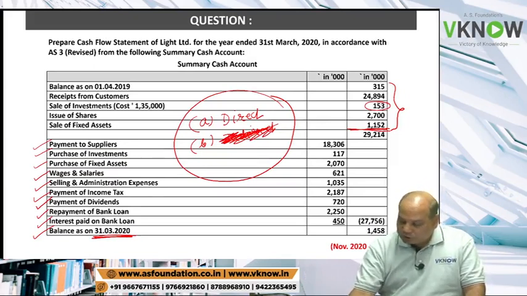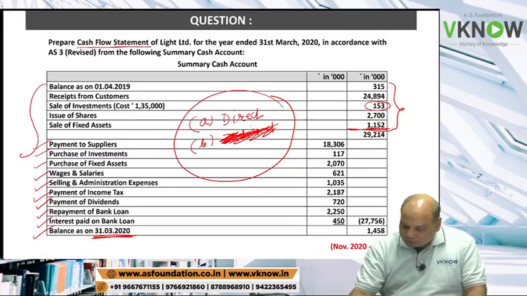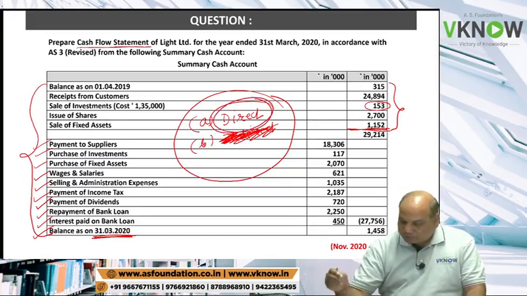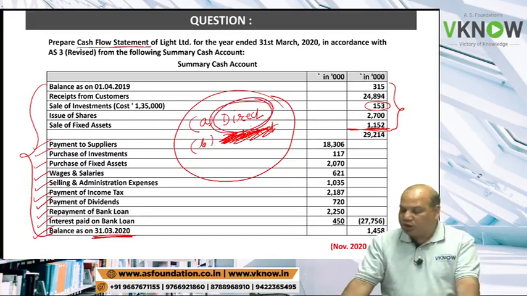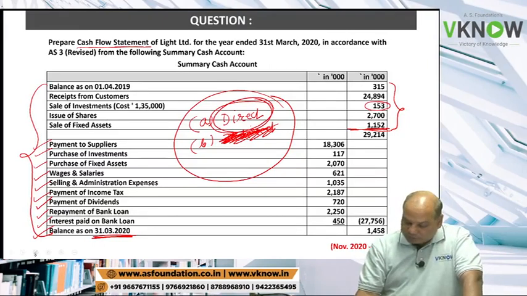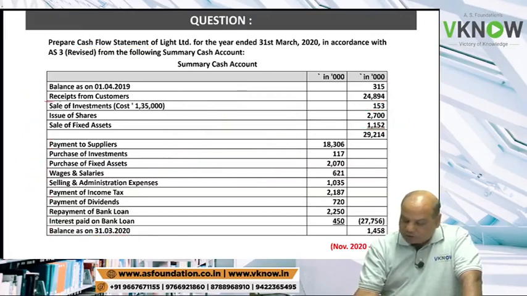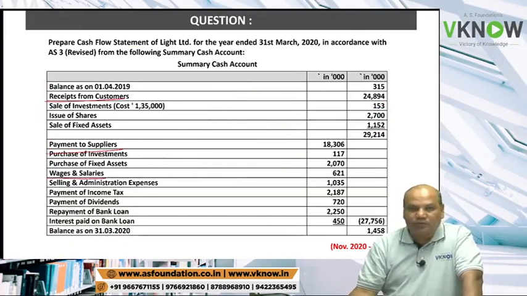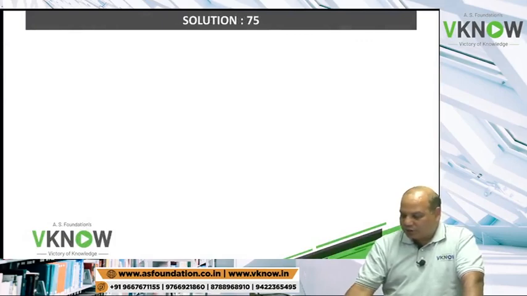Looking at the data, since you are given collection from customer, payment to supplier, payment of wages and salary, this can be solved only under direct method. So let us write down the direct method answer.